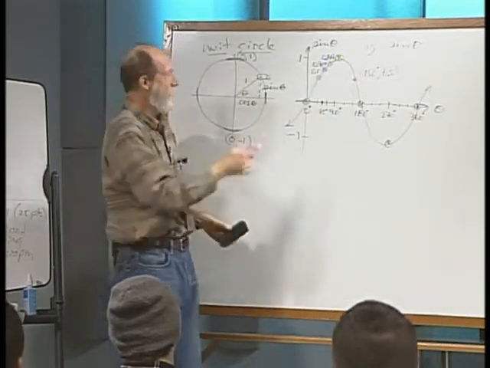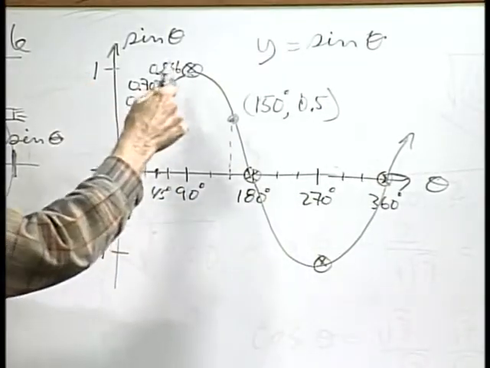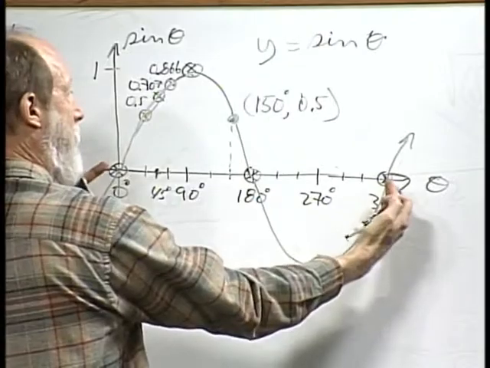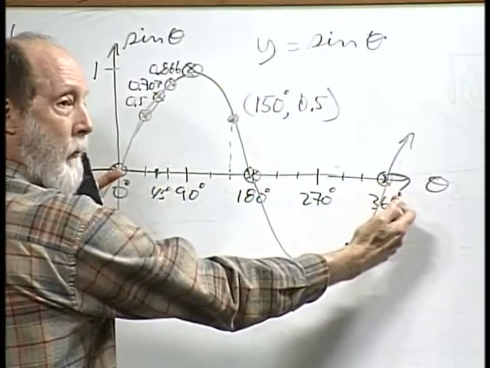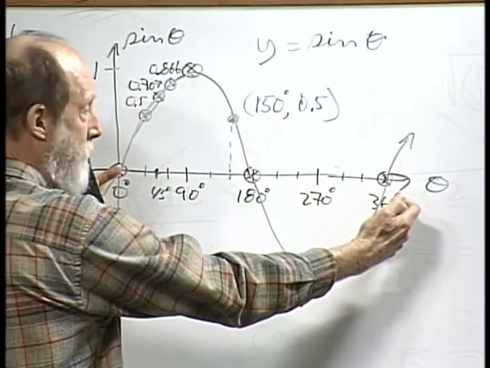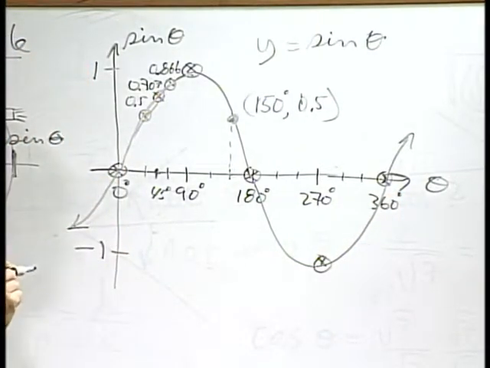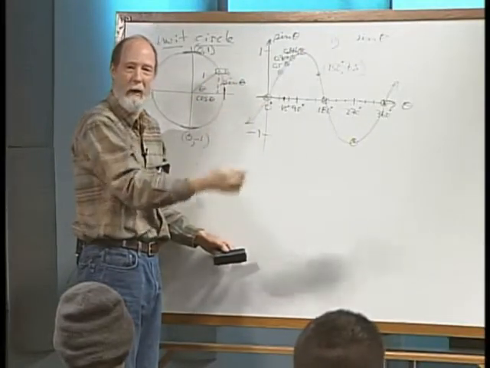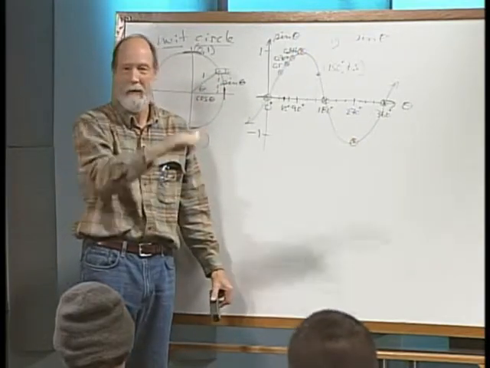So notice, this is the first function you've seen in math that actually starts repeating itself after a certain period of the independent variable, or a certain cycle of the independent variable. It's called a harmonic model. Similar to a spring bobbing up and down. Similar to the tides rising and falling.